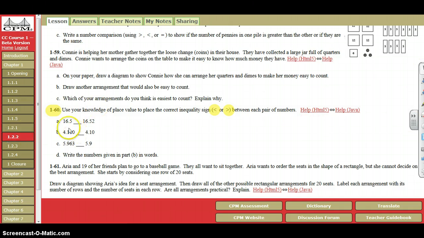Your responsibility is to do A, B, and C. Okay? We worked on a couple strategies and practiced a little bit today in resource. So hopefully you'll be able to figure out exactly what inequality sign is supposed to go inside. Don't worry about D, just work on A, B, and C. It's a pretty straightforward walkthrough.